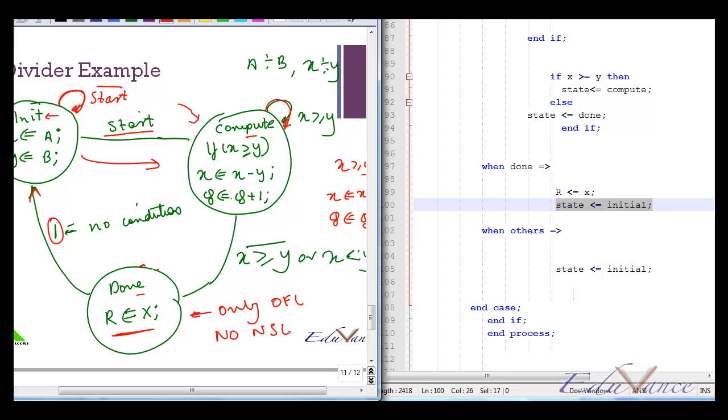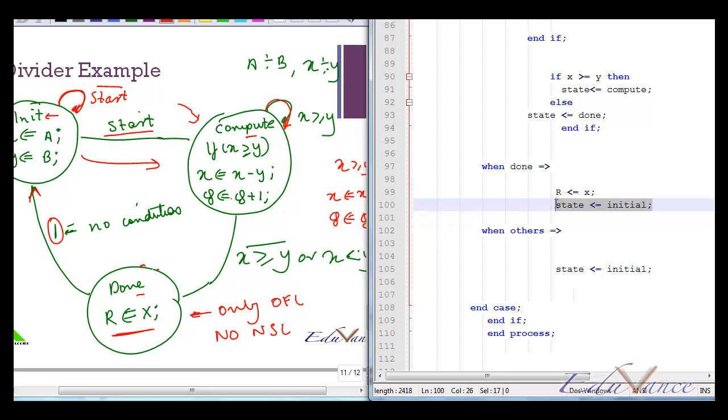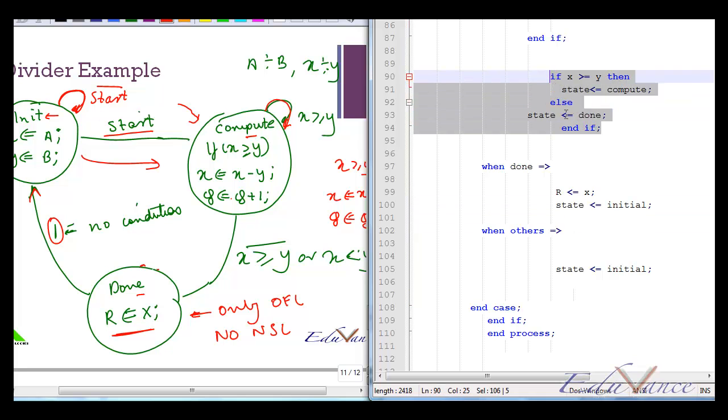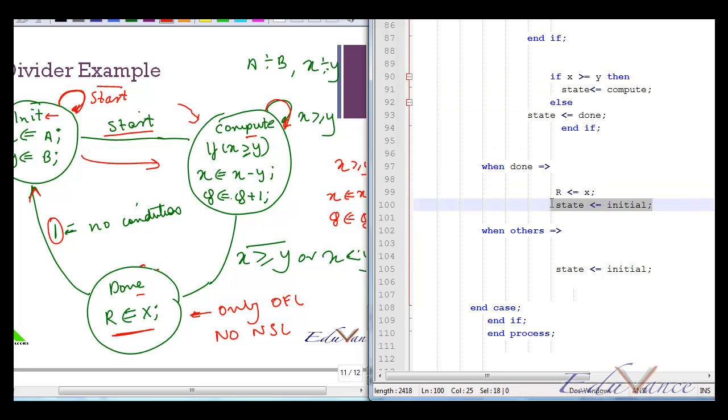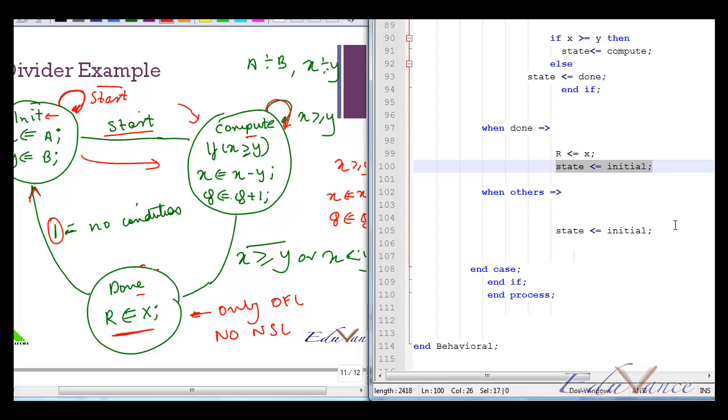Similarly, when I write this here, there is no condition. For example, here in the NSL there was a condition. Here there is no condition, so I just write state is initial. And again, as I said, when others, I have to write a safe condition, so my state is initial.